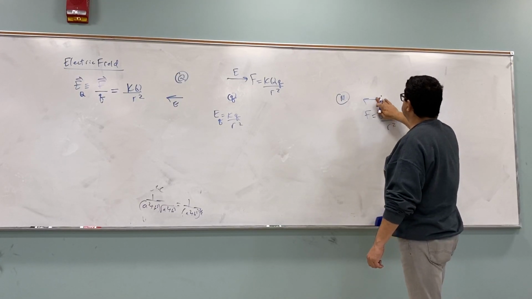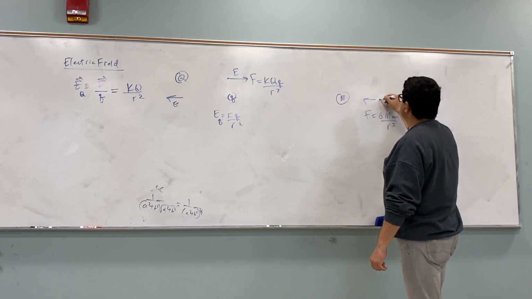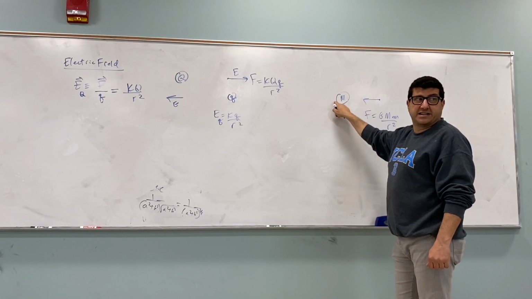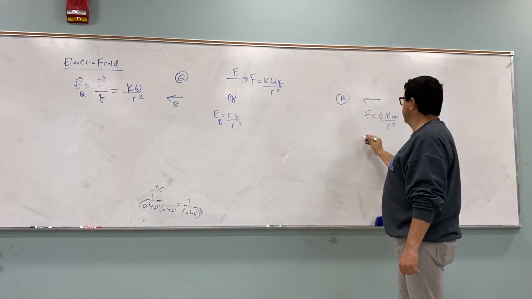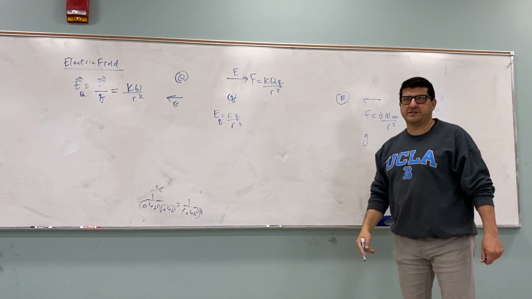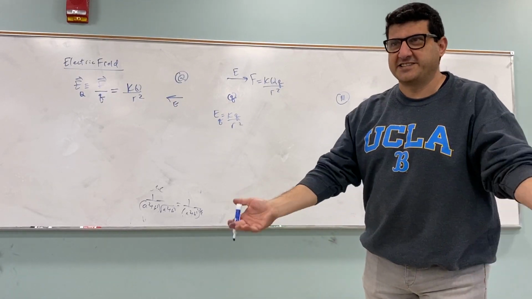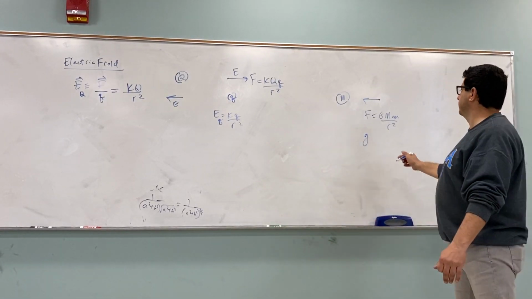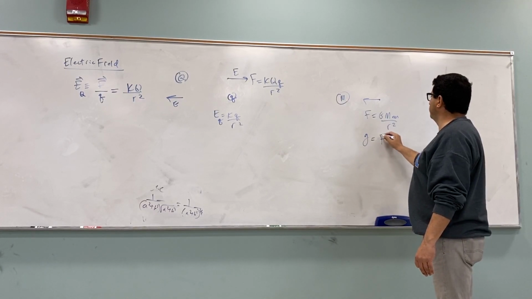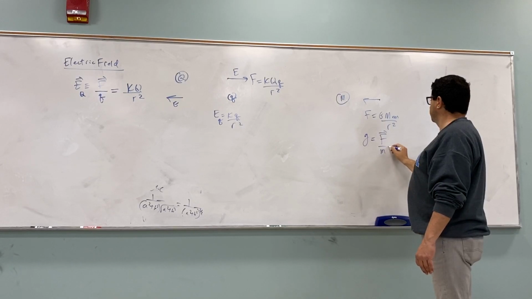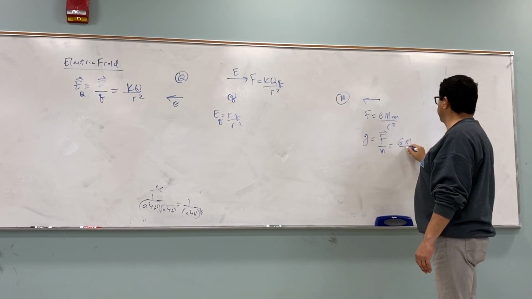Now, if this guy doesn't exist, what's the gravitational field set up by this guy over there? You see? And the symbol for gravitational field happens to be the same symbol as acceleration because it is the same thing. So for gravitational field, you would divide the force by the little m, and you would get GM over r squared.